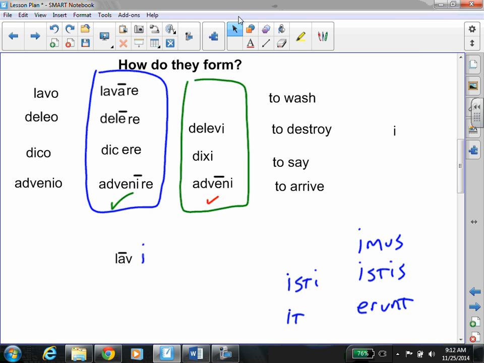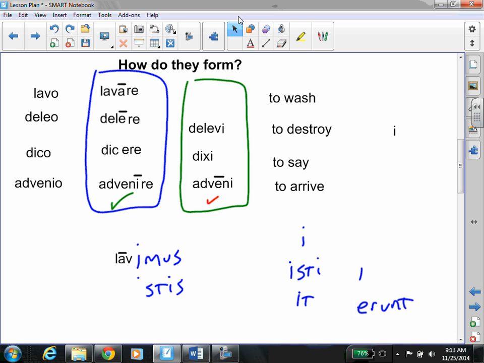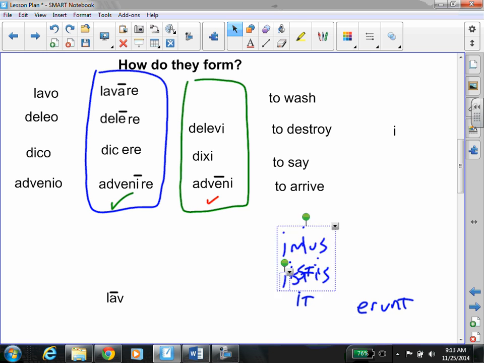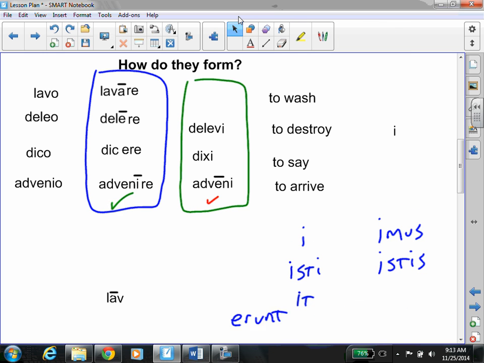First person is lavi. That is I washed. Isti is our next one. You washed. It. He, she, it washed. Imus and istis. Oh, I forgot the i. We washed. Y'all washed. And then, of course, we have erunt, they washed.